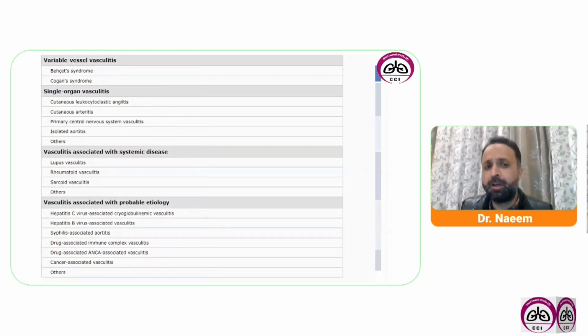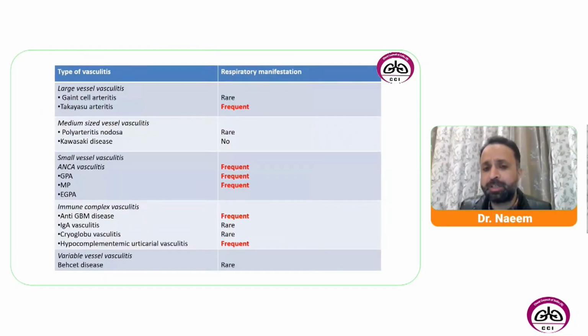Moving forward, based upon the vessel involved, since we have to see which of them is affecting the pulmonary system: in large vessel, it's the Takayasu. In medium vessel, rare pulmonary involvement.